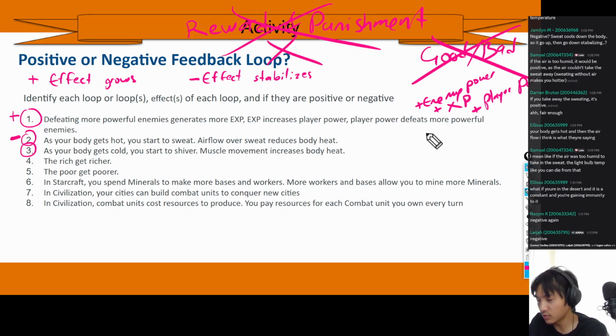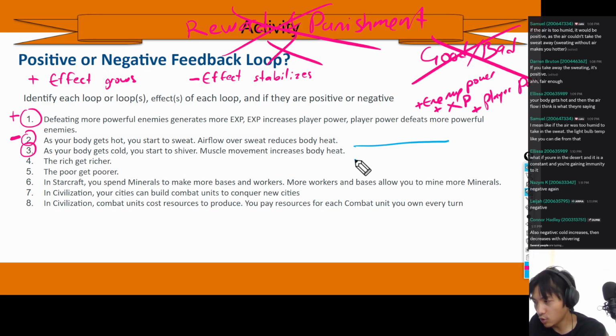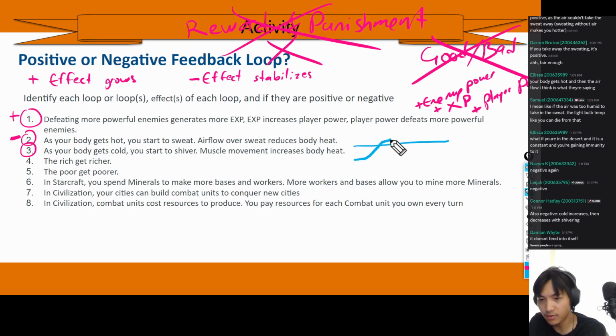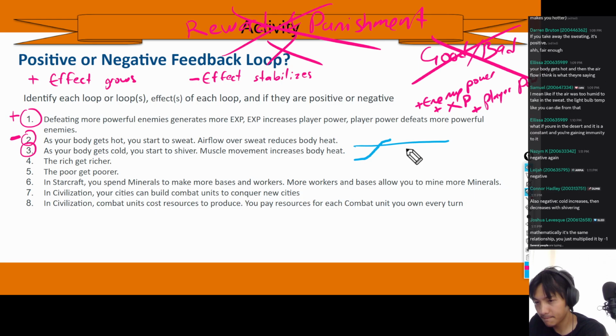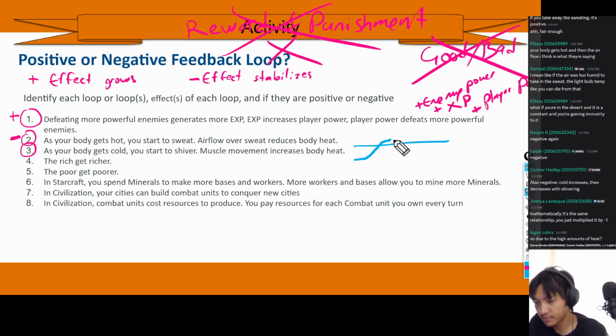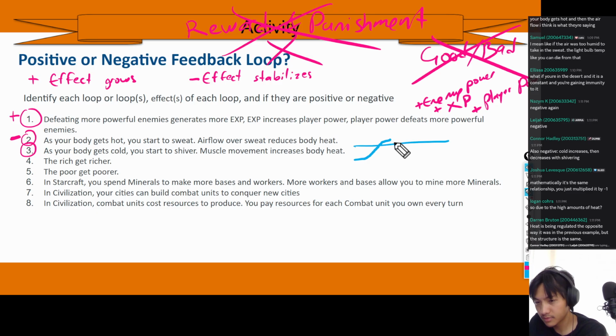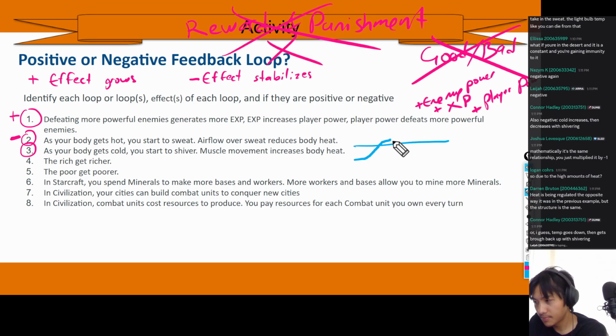What's being regulated? So your body is cold. You start to shiver. Your body heat is increasing now. And then you don't need to shiver anymore.